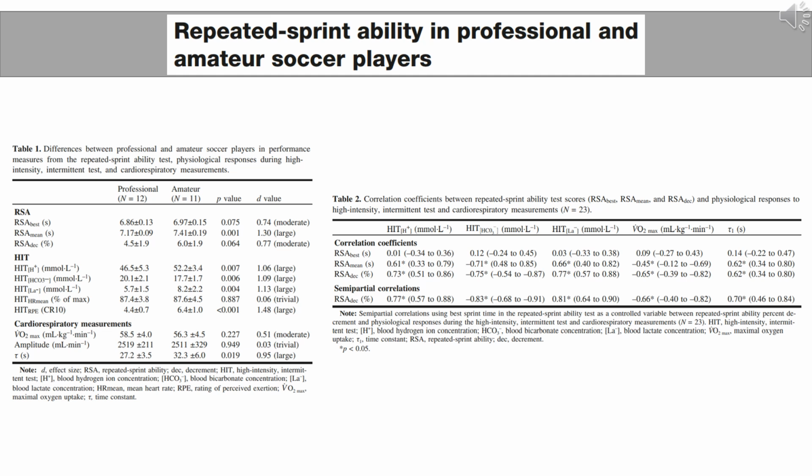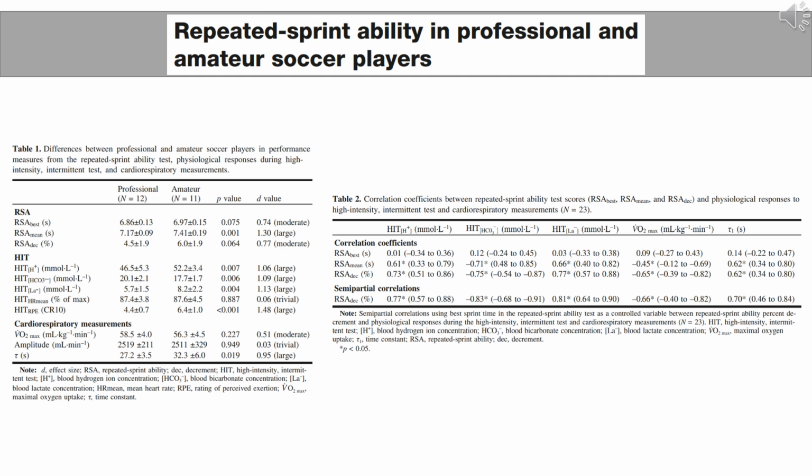So H+, if you refer back to the key down here, is our blood hydrogen ion concentration. Our HCO3 is our blood bicarbonate concentration. La+ is, of course, our blood lactate levels. HR mean is our mean heart rate, and then RPE is our rating of perceived exertion.